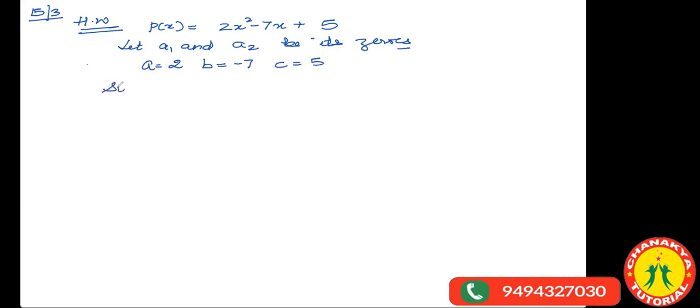Now calculate the sum of the zeros. Sum of zeros, a1 plus a2, will be minus b by a. Unmute yourself, all of you. Reply along with me. Then just put the value of b here, minus of minus 7 divided by a, which is 2.